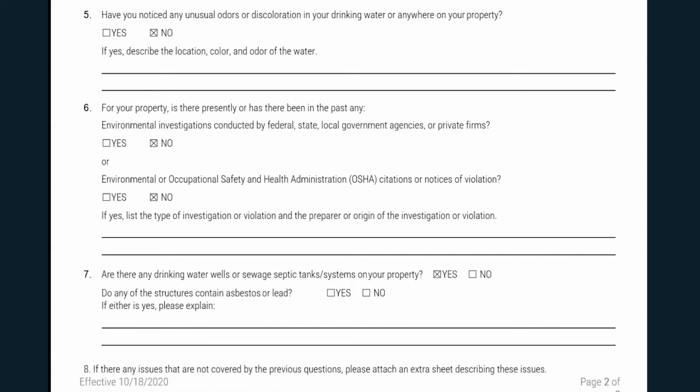The applicant should also answer if there are structures on the property that contain asbestos or lead, such as in the water well or septic tanks. Robert selected no because he is not aware that any of the structures contain asbestos or lead on his property. If either answer was yes, the applicant should explain, which as you can see, Robert did.